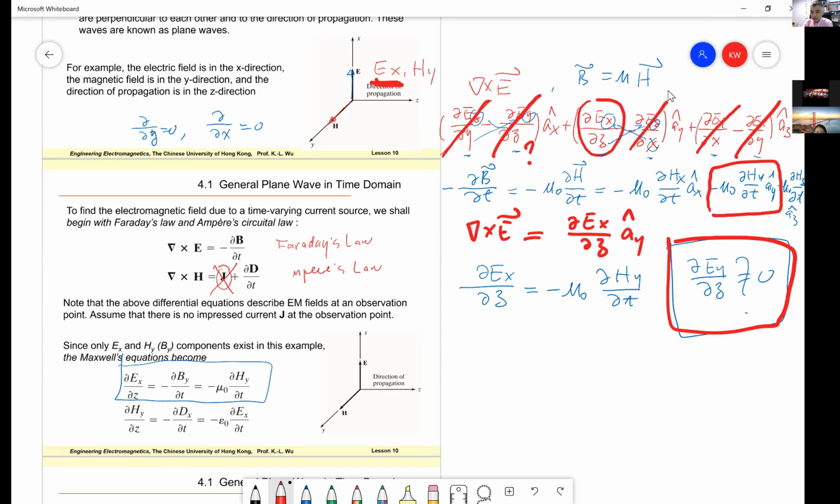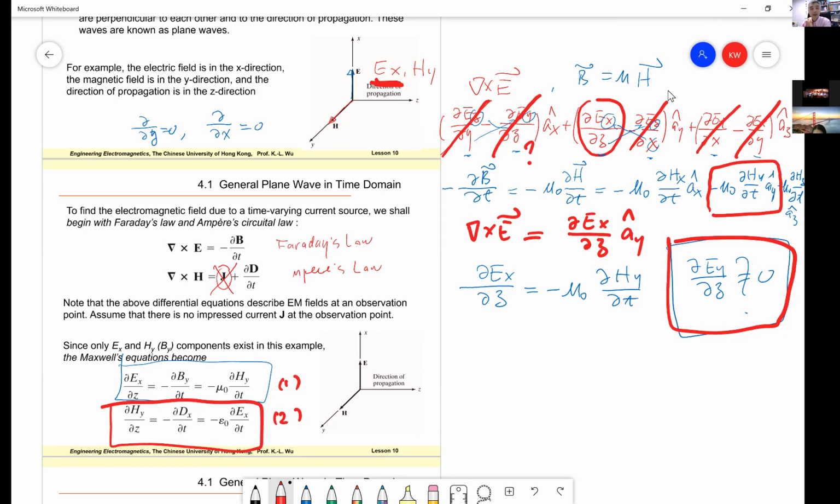So that is the first equation. I gave a detailed derivation, right? Similarly, if you apply the same idea to the second equation, Ampere's law, you can obtain the second equation.